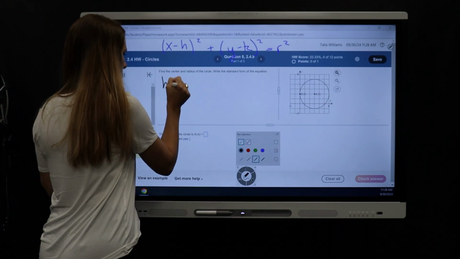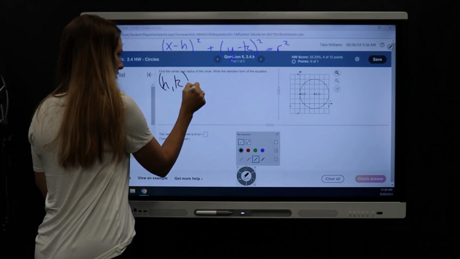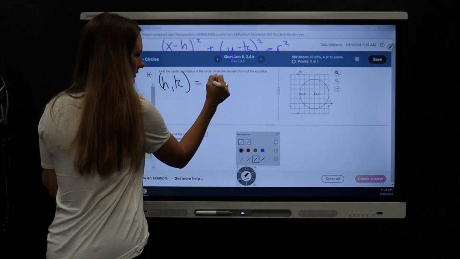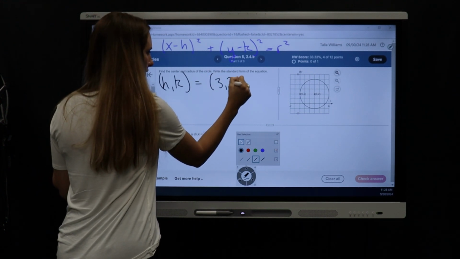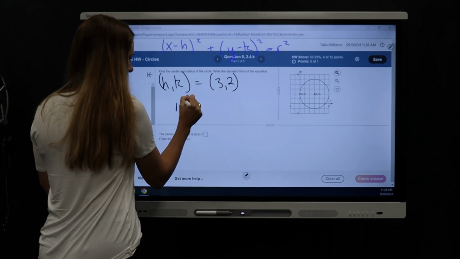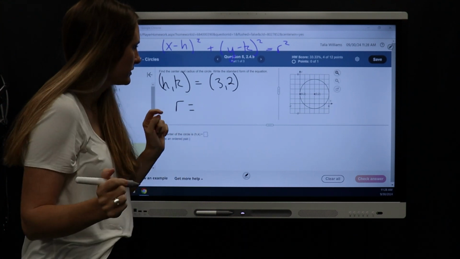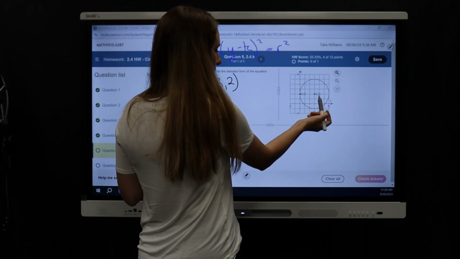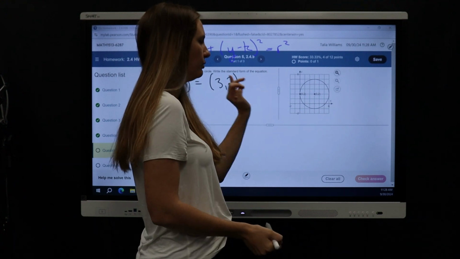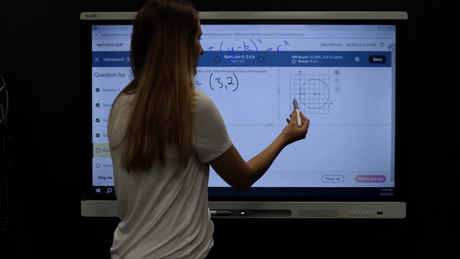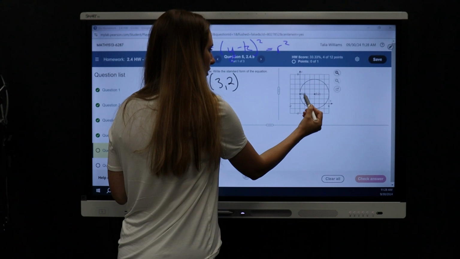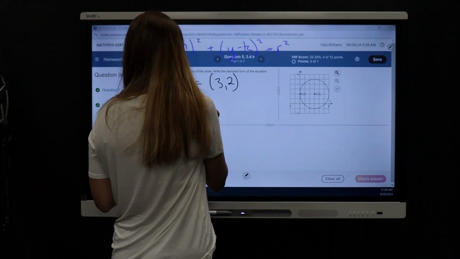So our h, k is at positive 3, 2. And our r is going to be the distance from the center to any spot on the circle, since this is right across from it, 1, 2, 3.